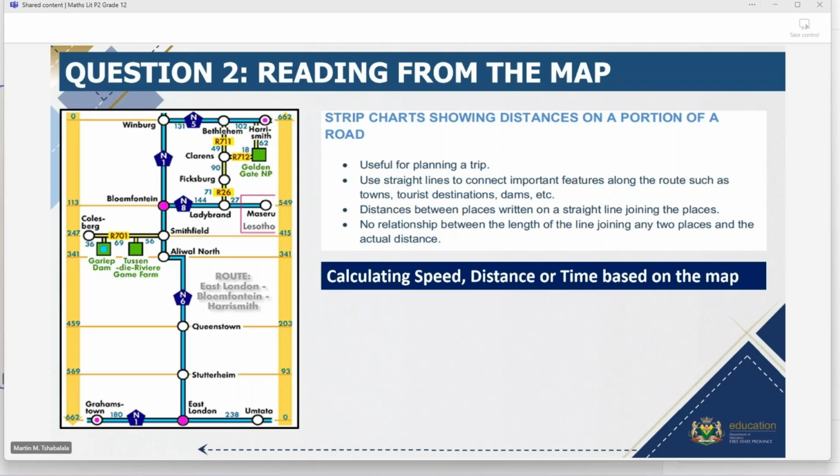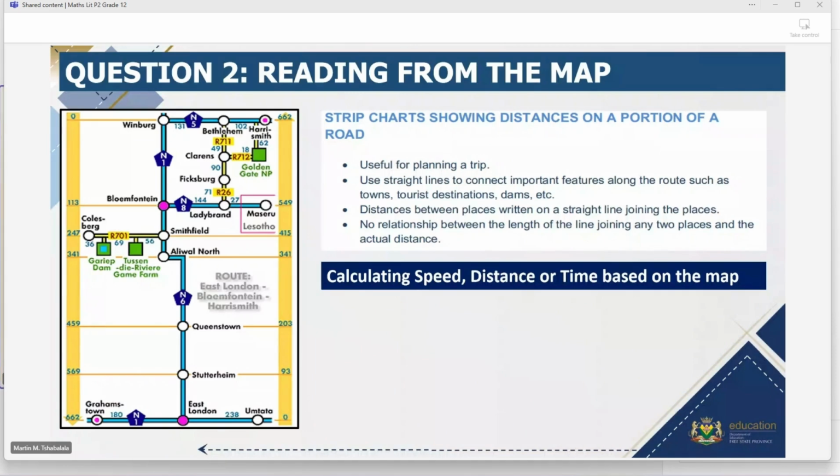Where I'm standing now, I'm in Senegal. I'm stopping at one of the complexes, because I had to present. I'm in my car, and the question can say I was traveling along the N1 from Bloemfontein.